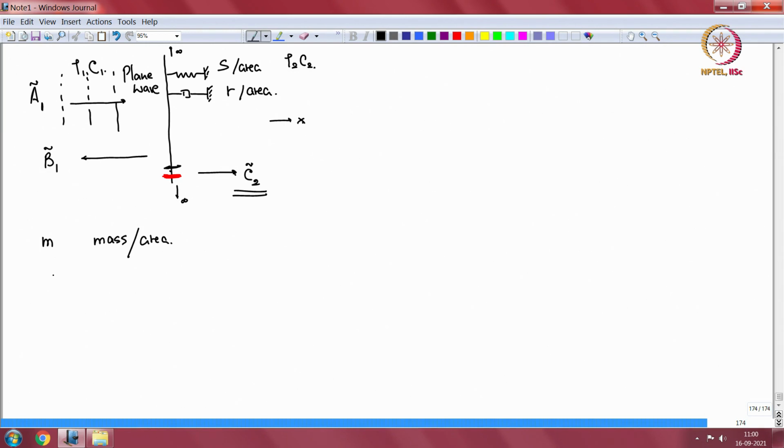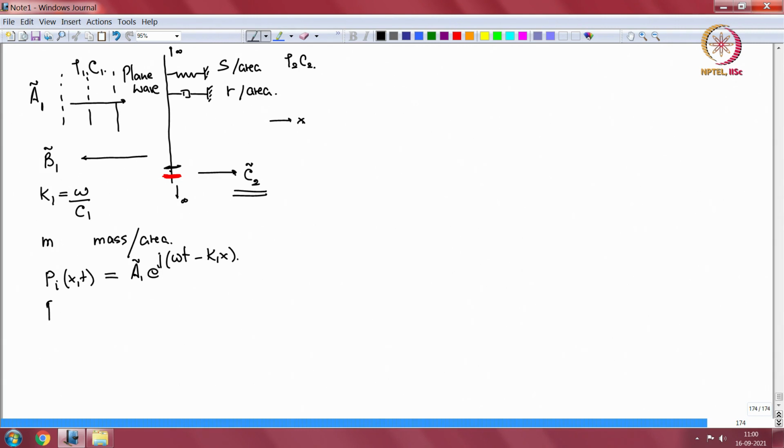So now let's say the incident pressure p(x, t) is given by A1 tilde e to the power j(omega t minus k1 x). k1 is the wave number on the left side, k1 is omega by c1.